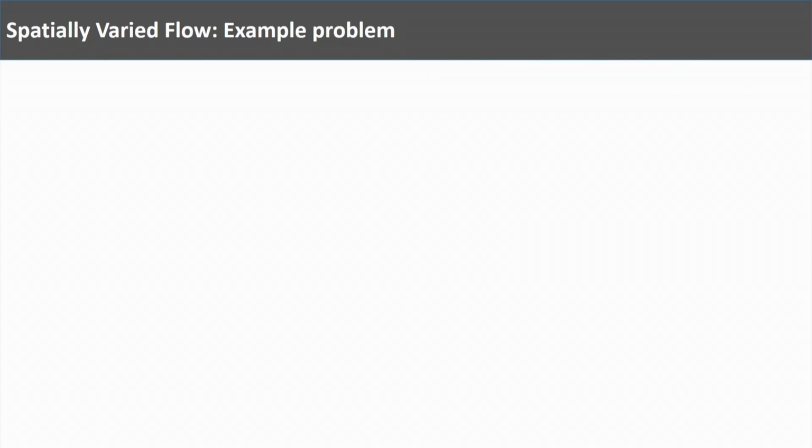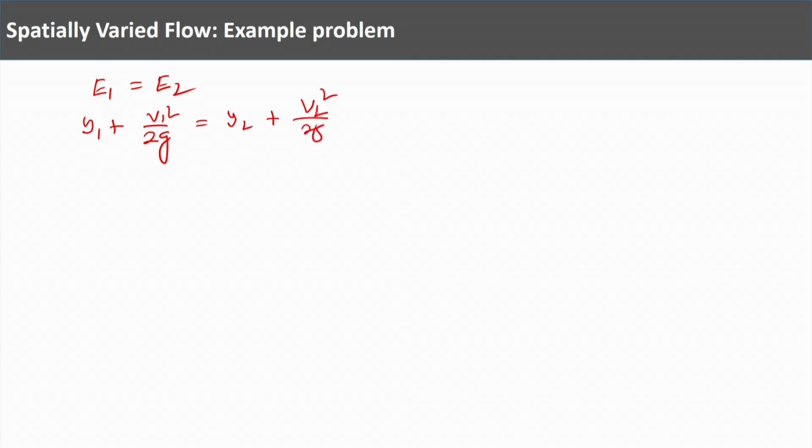Now I would like to calculate the value of Y2. In this case, as I said, E1 is equal to E2. Therefore, I can write Y1 plus V1 square by twice g is equal to Y2 plus V2 square by twice g.